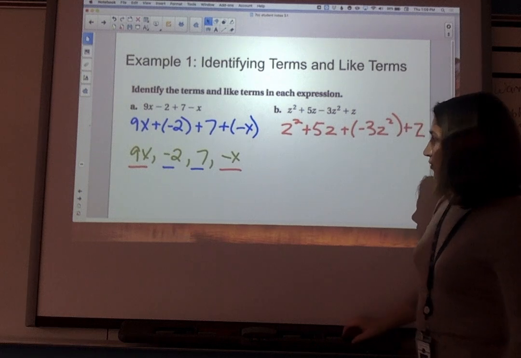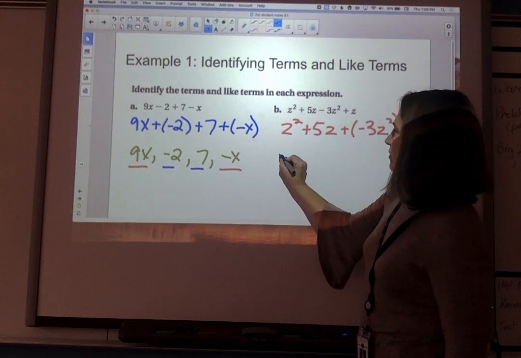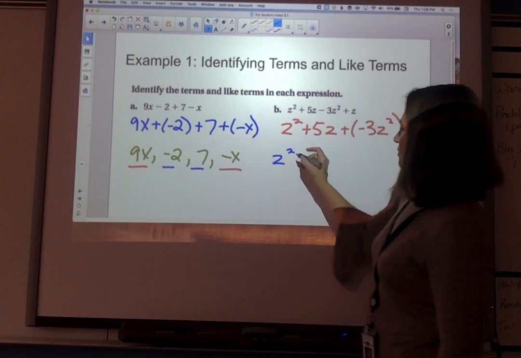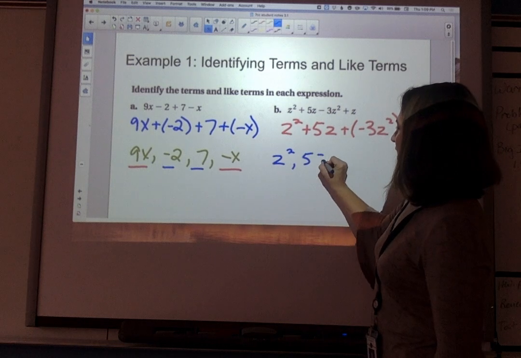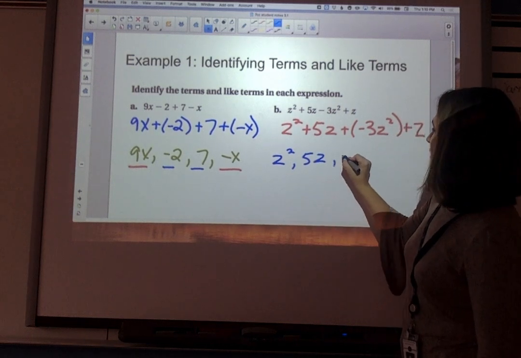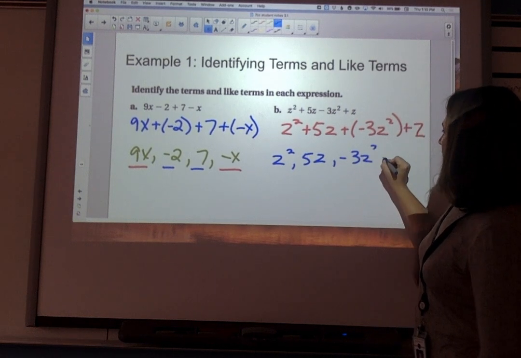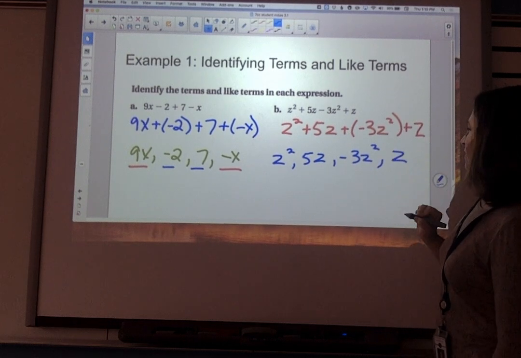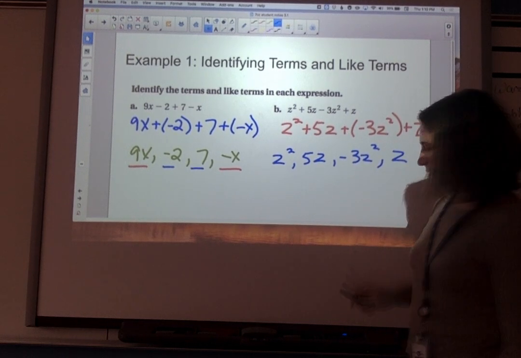Again, we have 4 terms. I'm going to go ahead and list them. z squared is a term. 5z is a term. Negative 3z squared is a term. And z is a term.